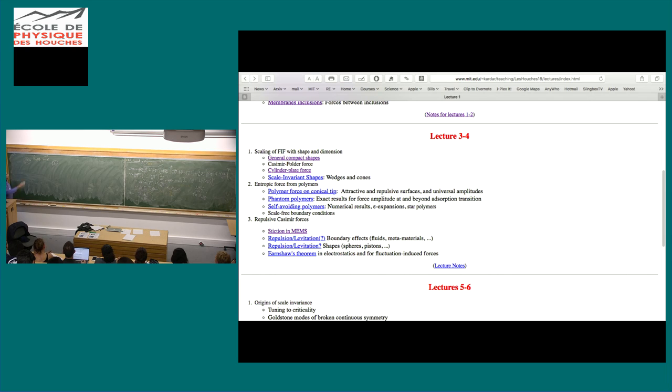Okay? So since the dipolar fluctuations are everything, the answer has to be proportional to the product of the polarizabilities, and dimensionally it has to be proportional to the product of the volumes. Okay? So how does the interaction look as a function of separation?